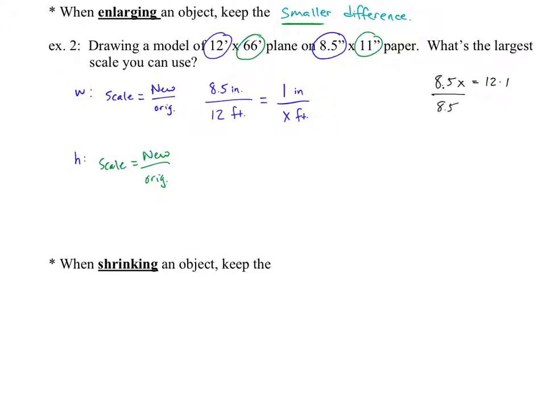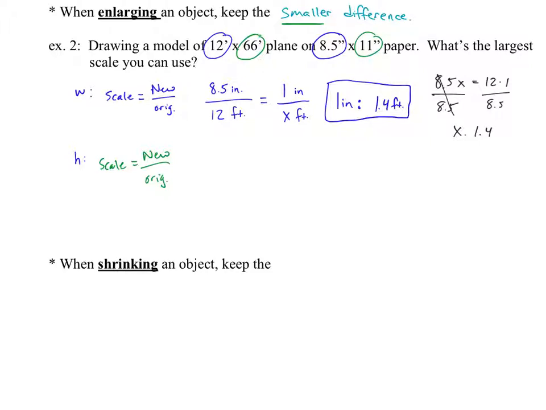I'm going to divide both sides then by 8.5 to get x by itself, and 12 divided by 8.5 will give me a 1.4. So x is 1.4. So this first scale then is going to be 1 inch to 1.4 feet. So every 1 inch on my paper is going to be 1.4 feet on the plane.